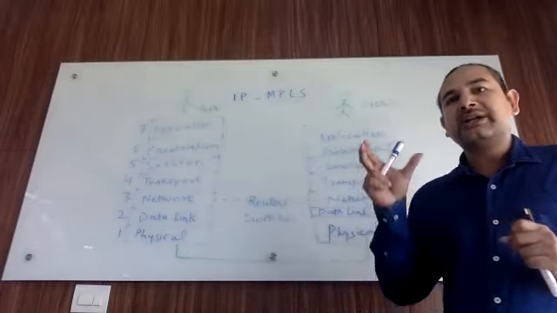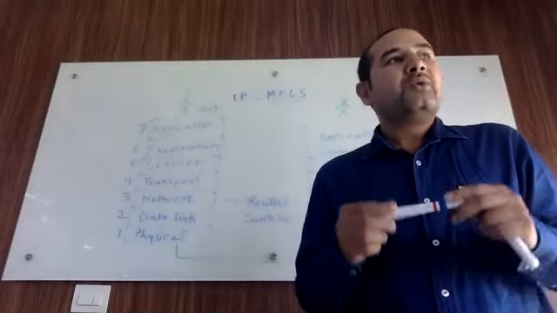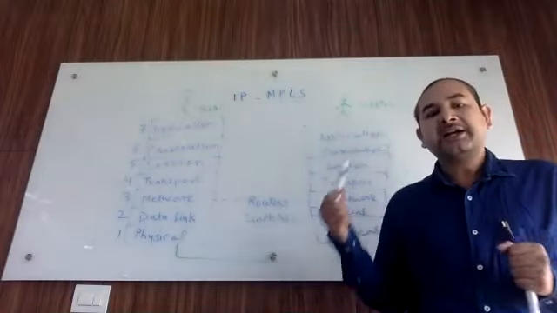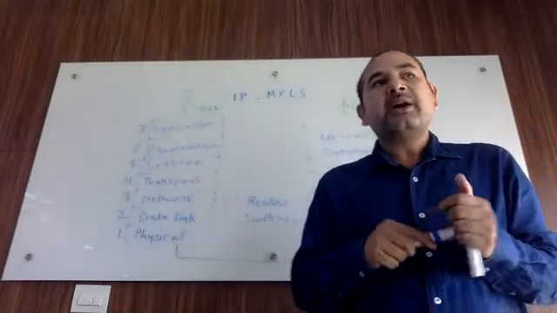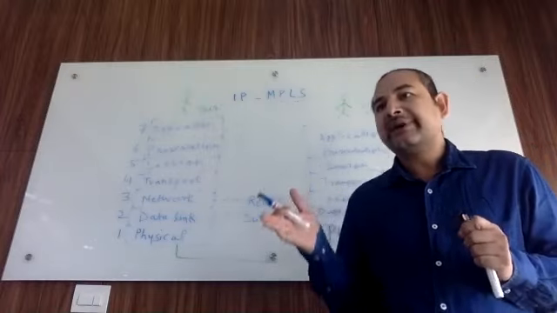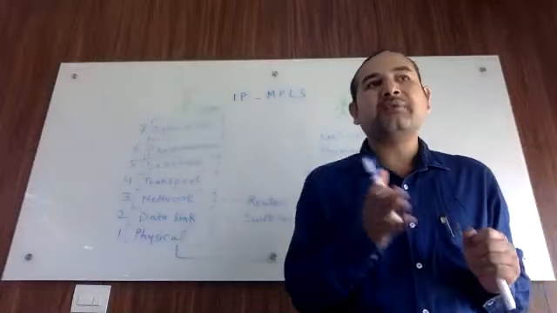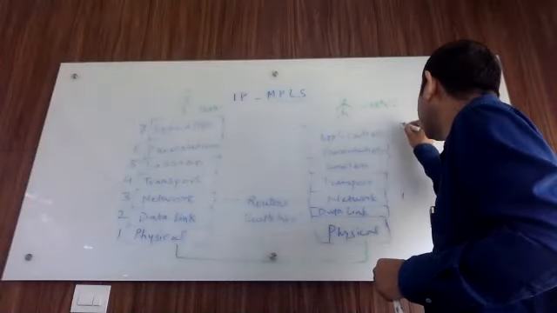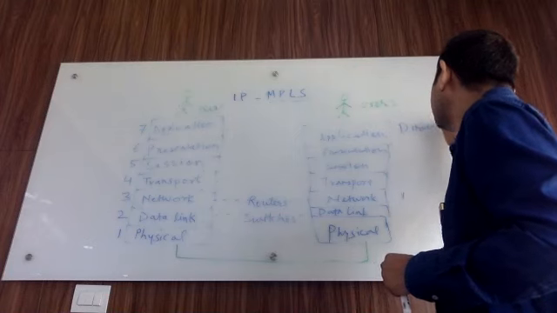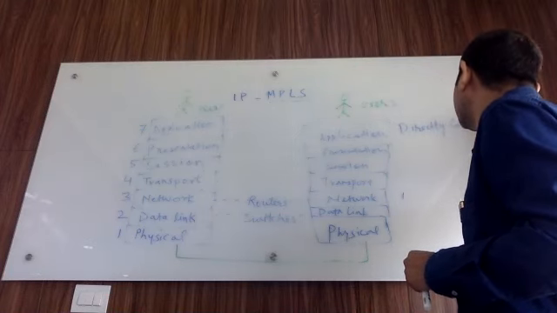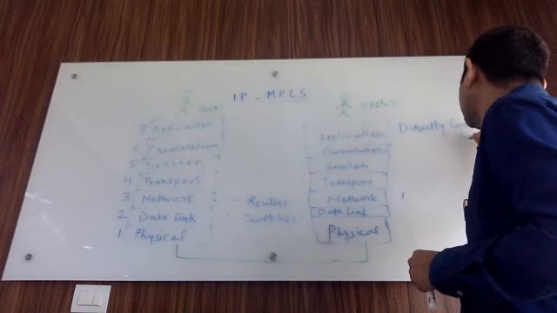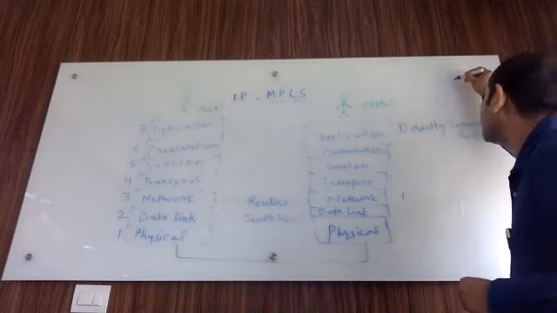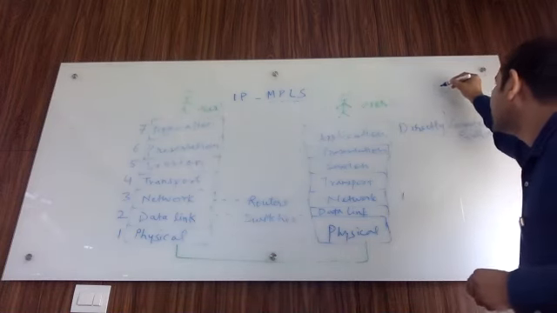The routing table is a place in the router memory where it has all the routes. Routes will include all directly connected routes, which are the networks directly associated with any of the interfaces. I'll write here: directly connected routes. Say this is a router and there are three interfaces.